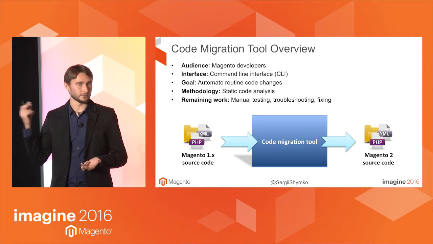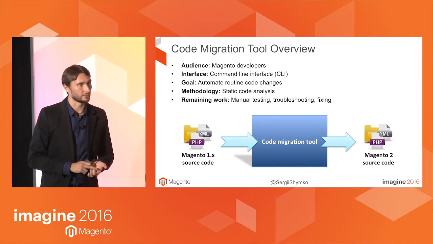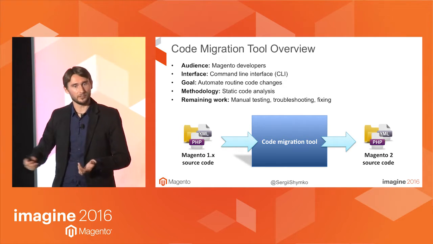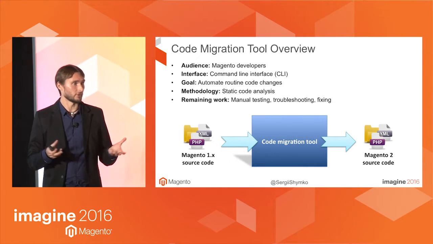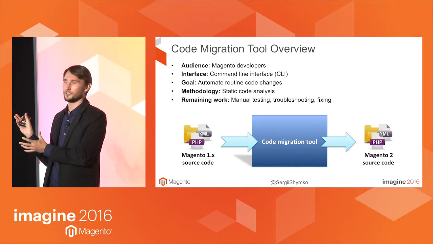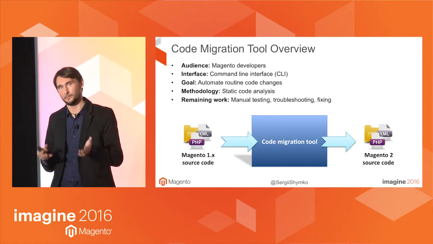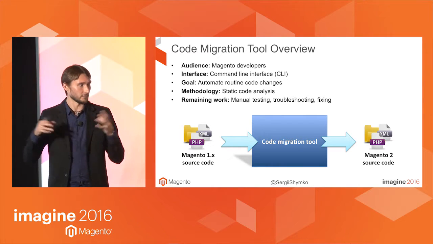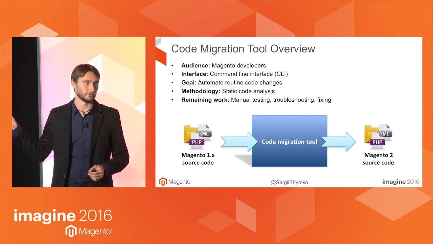Those are XML files, will be migrated to the format supported in Magento 2. Same with layout files. And my favorite one is PHP code. PHP code probably constitutes the majority of code in your code base, most likely. So that's where the most migration challenge is, migration of PHP code. Everything else may be done kind of manually, but with PHP code, since there is a lot of it, you really may want to use the tool to help you to do it.